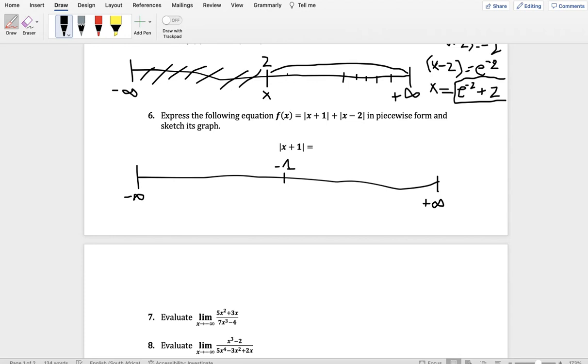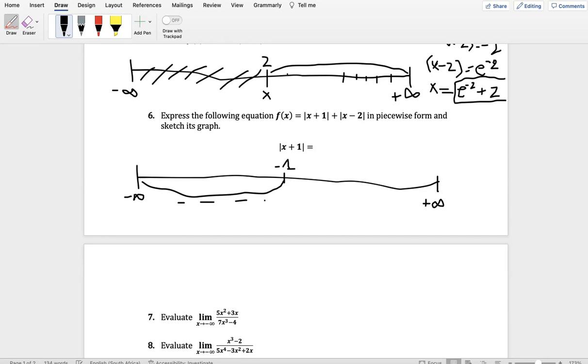So if you take any value of x that is less than -1, meaning any value of x that is here, what happens to x plus 1? Is x plus 1 positive or negative? Negative, right? So let's put the negative sign.